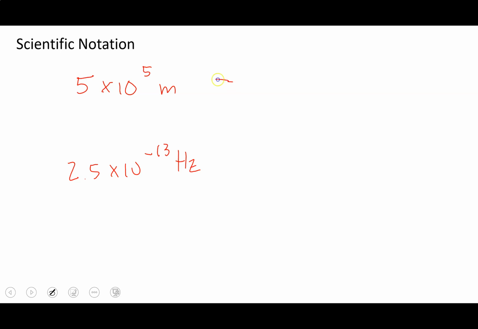This is really saying that this is 5 with five zeros meters. It's a lot of meters. Anytime we see the exponent as a positive value, it means that this is a really big number. So the shift of the decimal is going to be in this direction to show that it's a very big number.